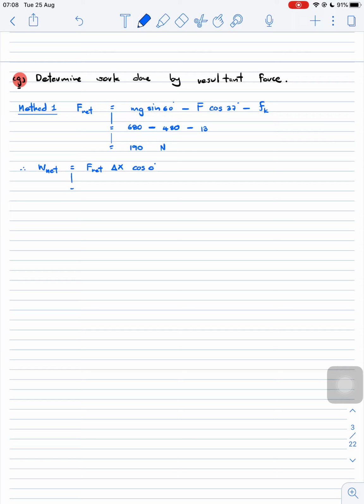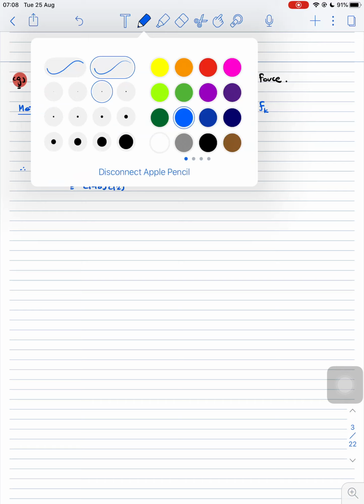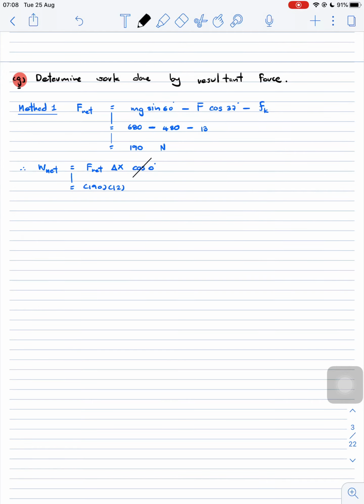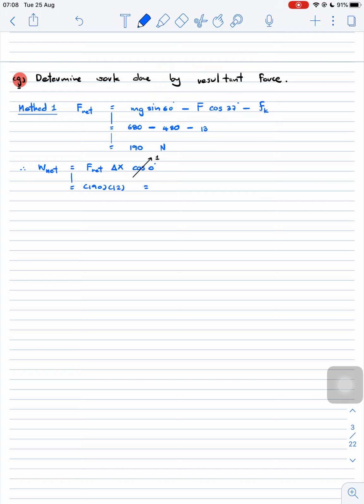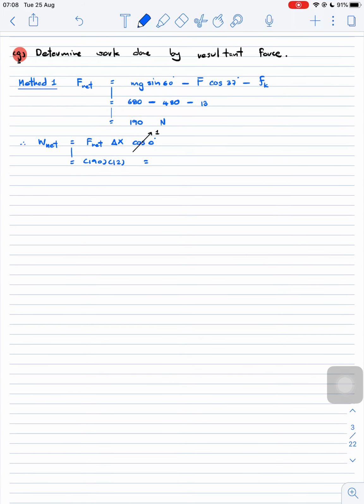Then we have work done by net force equal to 190 times 12 times cosine 0. So the answer is 2300 joules. Okay, 2300 joules.